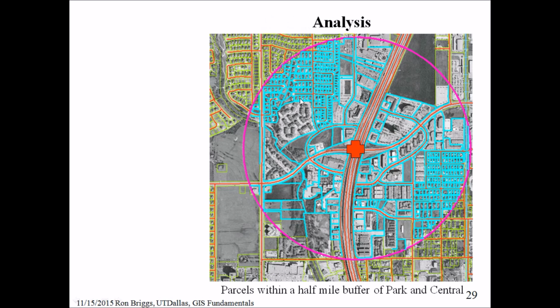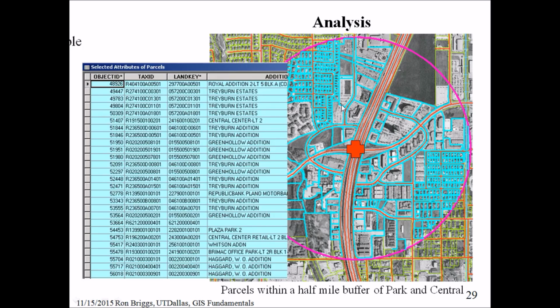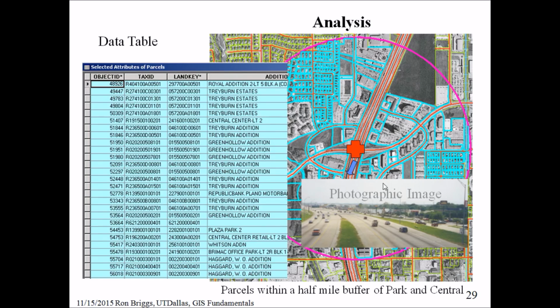So the analysis is the data table. These are the object IDs, the tax IDs, the land key, and additional information. So you have the information of each and every feature in hand. This is a photographic image; if you want, you can also have a photographic image of that particular point or area.